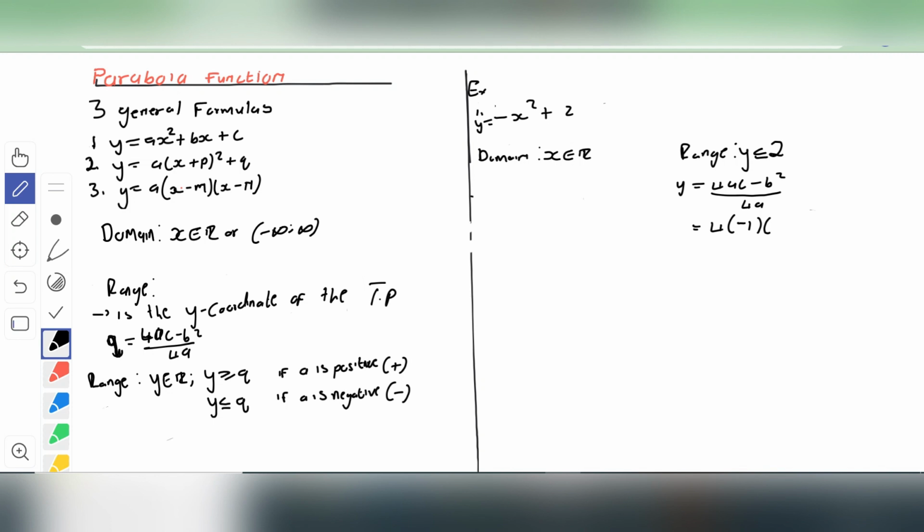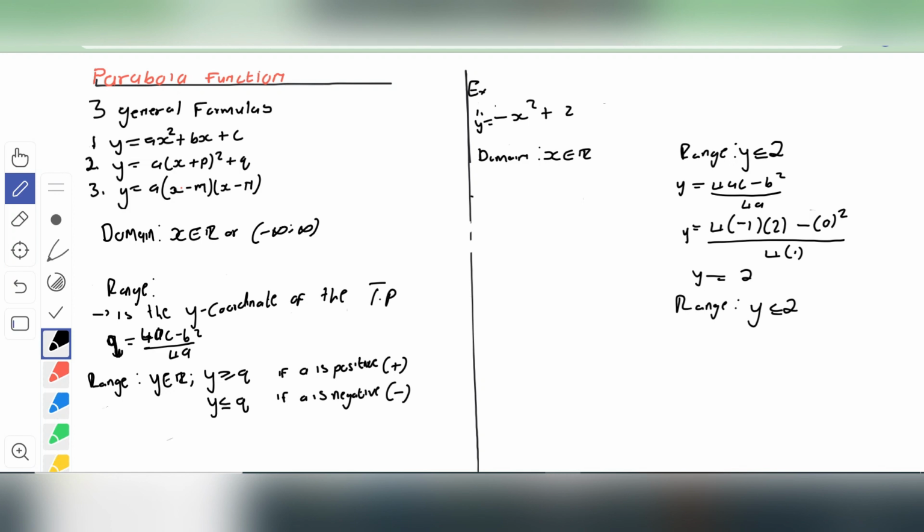So our c is 2. Minus b, which we don't have, squared, divided by 4 times -1. Your answer is going to give you 2. As y is equal to 2, then you're going to say range: y is less than or equal to 2, because our a is negative.